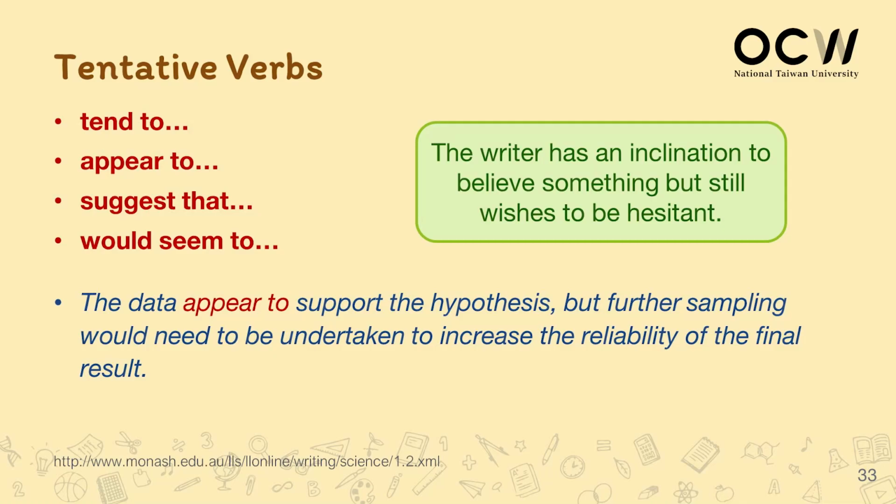The data appears to support the hypothesis, but further sampling would need to be undertaken to increase the reliability of the final result. We can see that in this particular example, although the data seems to or appears to support the original intention of the author, the author wished to remain cautious and hence suggests that further sampling would need to be taken.